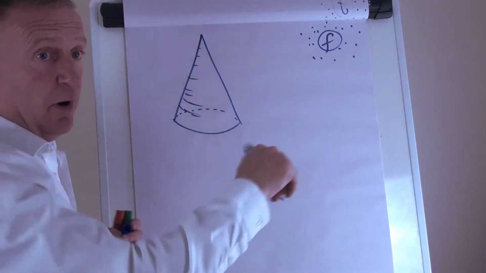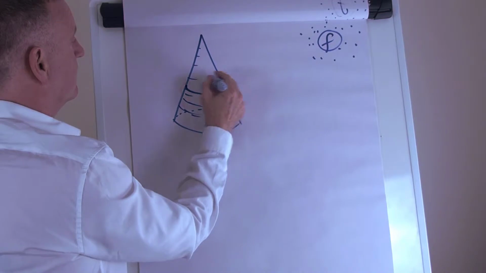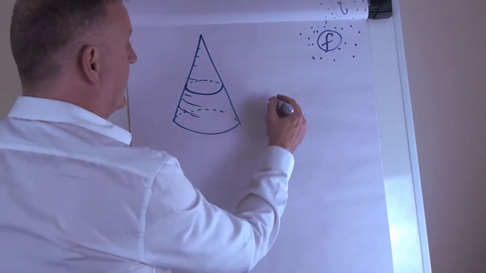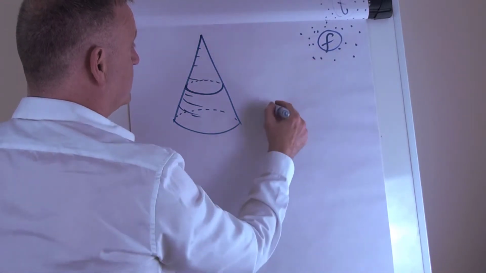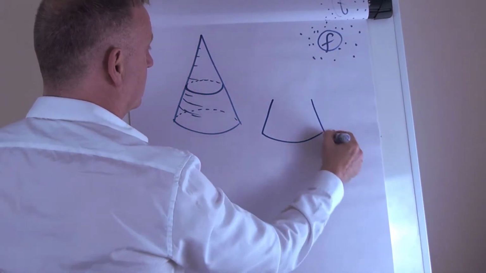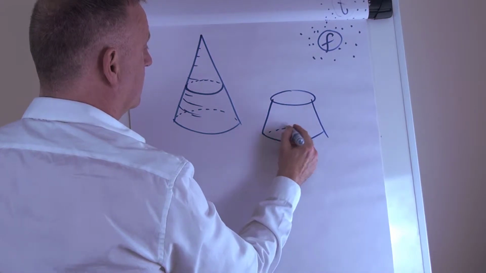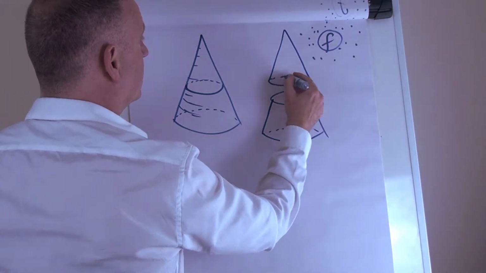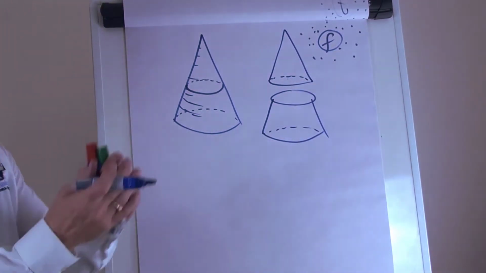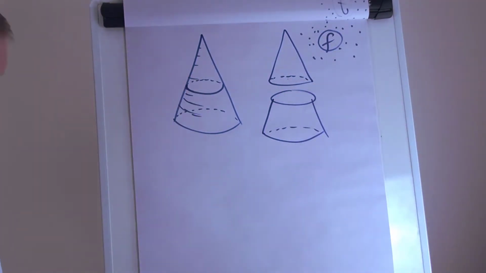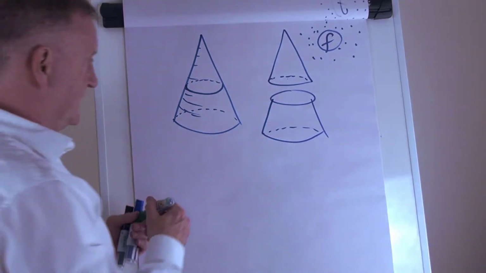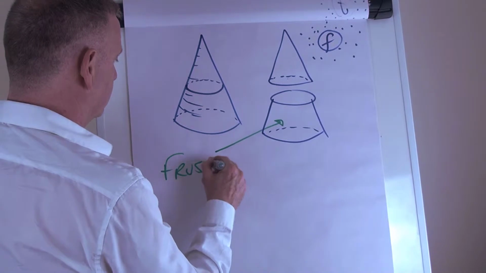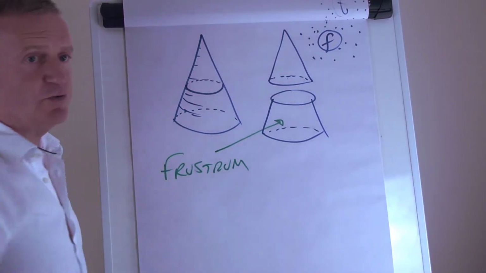If I chop the top off here, then what I can get is this bottom part and the top part. See they separate? So this section here is called a frustrum.